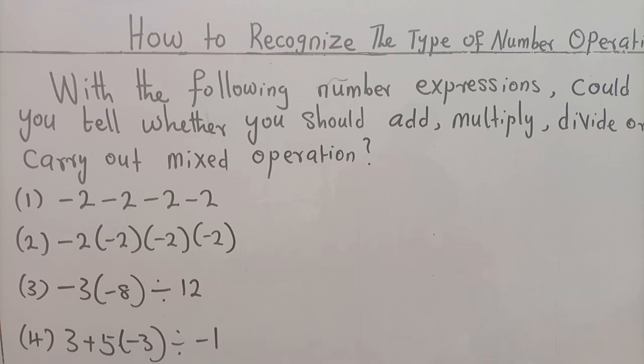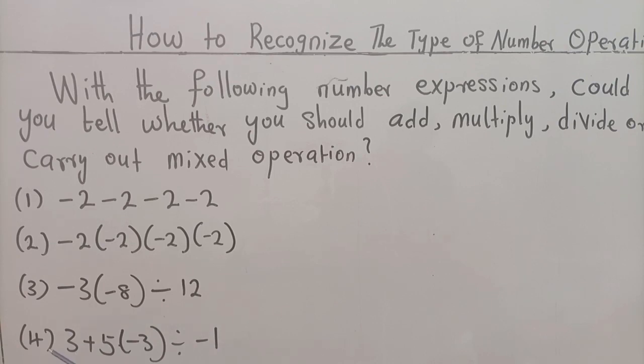Or are we carrying out division with them? Anyway, sometimes we carry out more than one type of operation with a particular number expression. Do you think that this contains just one type of operation or more? If you don't know, like I said earlier, this section is for you.